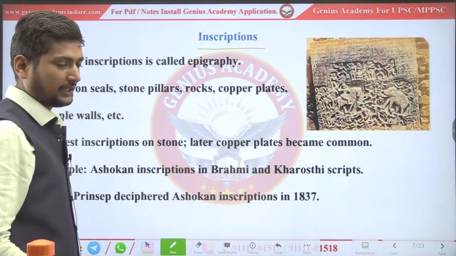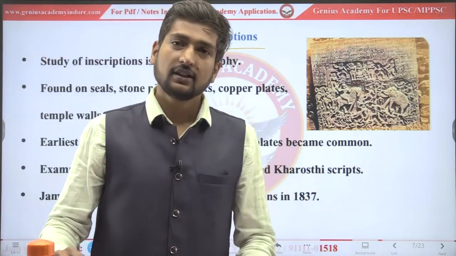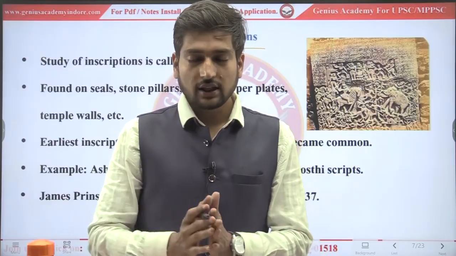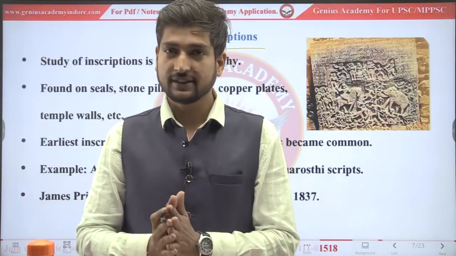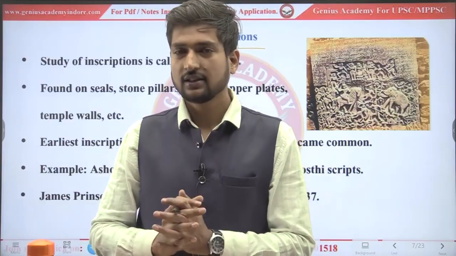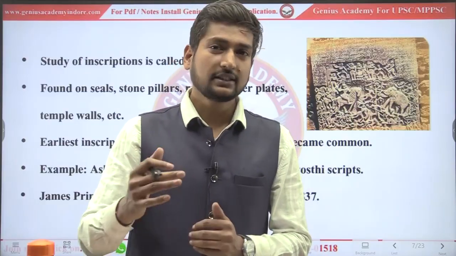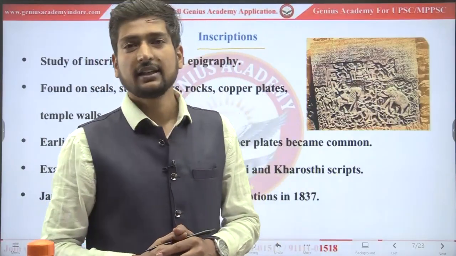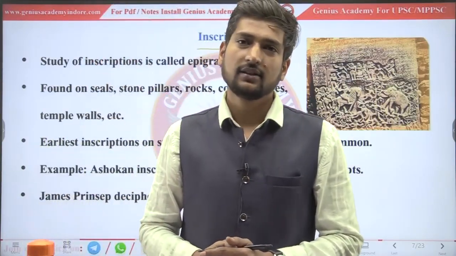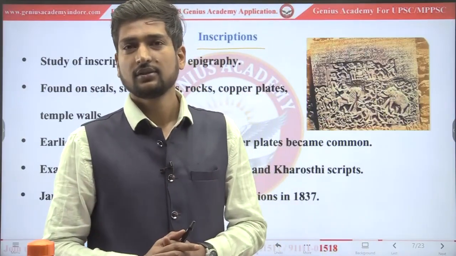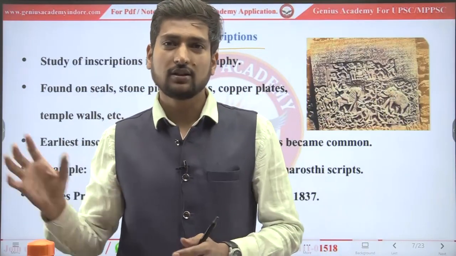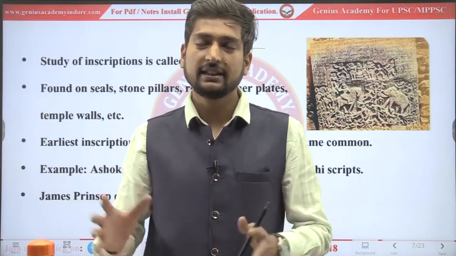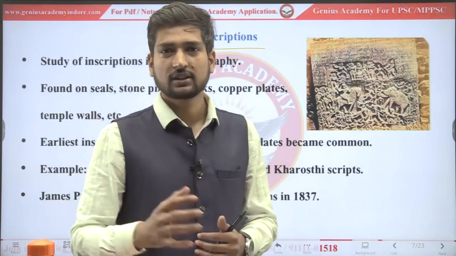Second thing is inscription. What are inscriptions? When we write something on a hard rocky surface, that is known as an inscription. Why are these inscriptions used? Because at that period of time, when a king had to command his people, he engraved his command on a wall, either on the wall of a temple or on buildings or forts.